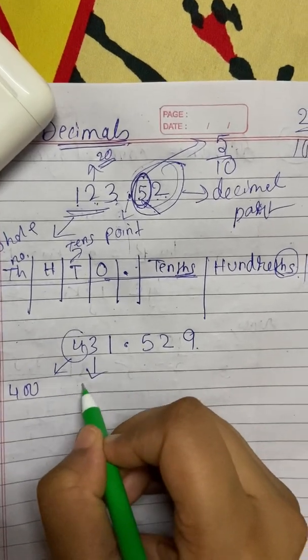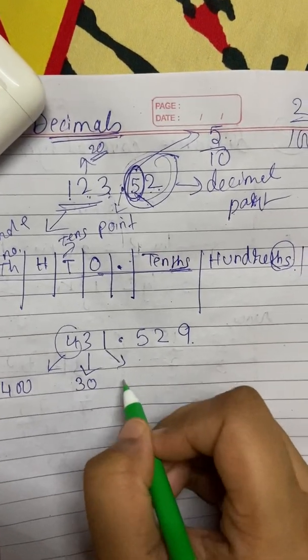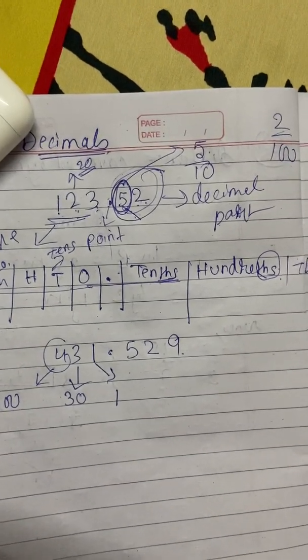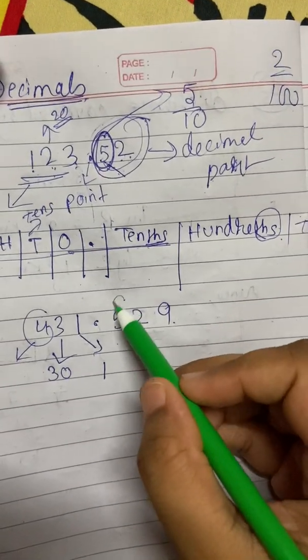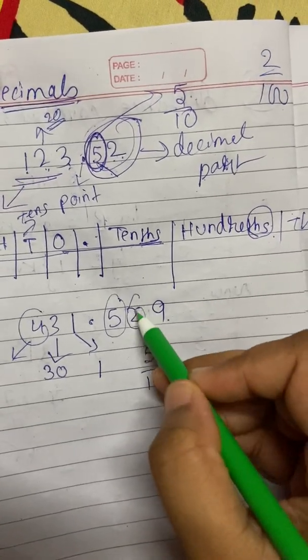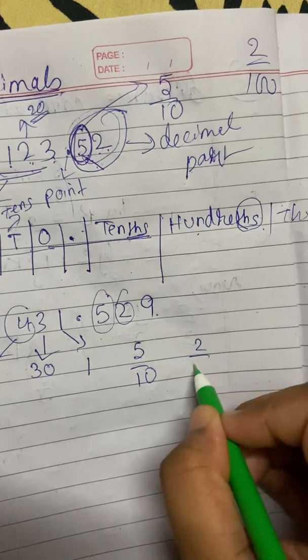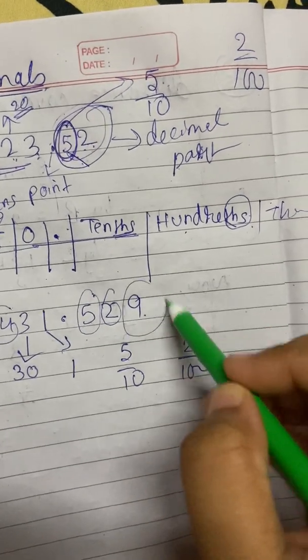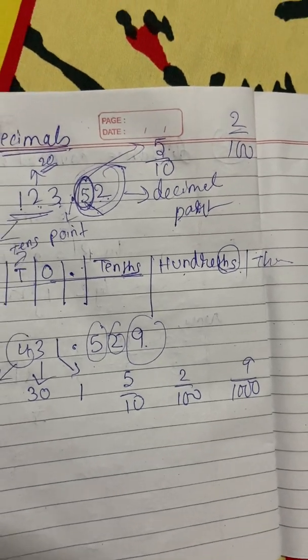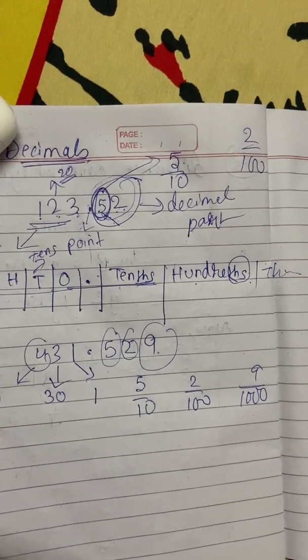Place value of 3 is 30 and 1 is 1. This you know. Now after decimal, place value of 5 is 5 by 10. 2 is in hundredths place, so it is 2 by 100. And for 9 it will be 9 by 1000. So this is the place value system.